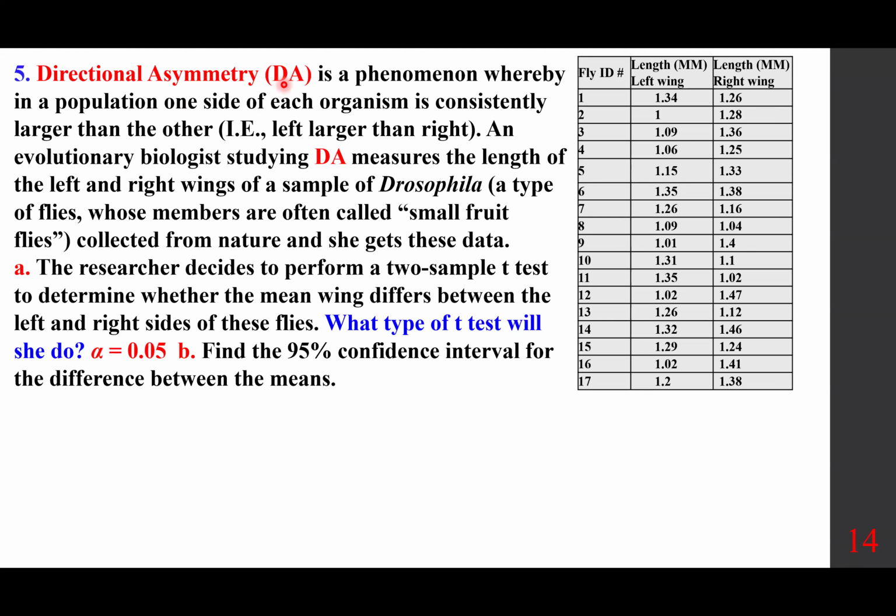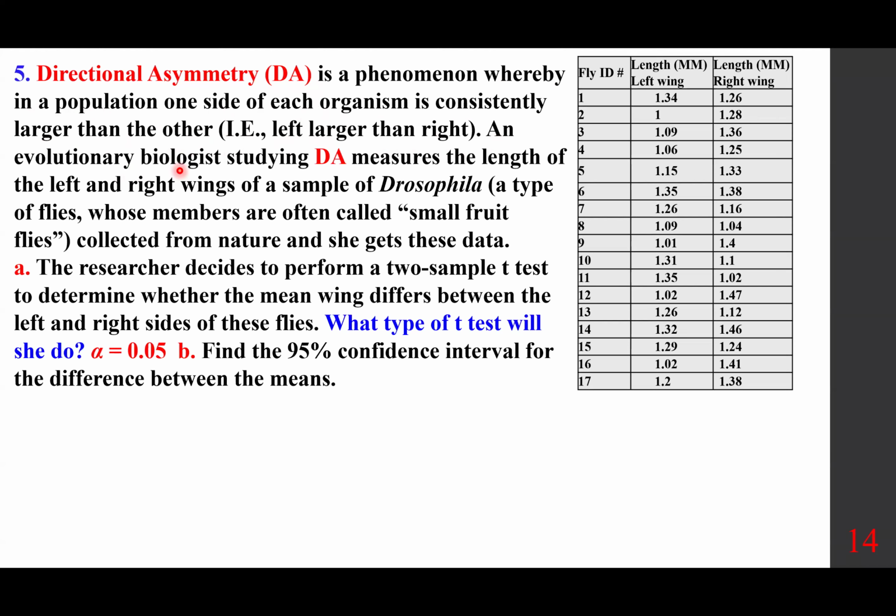Directional asymmetry, or DA for short, is a phenomenon whereby in a population, one side of each organism is consistently larger than the other, i.e. left larger than right or vice versa.